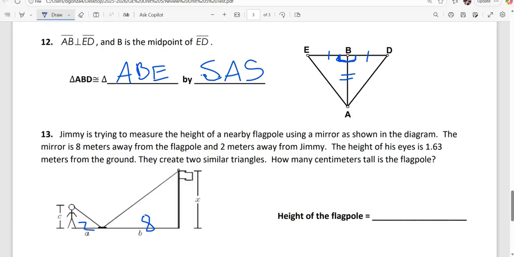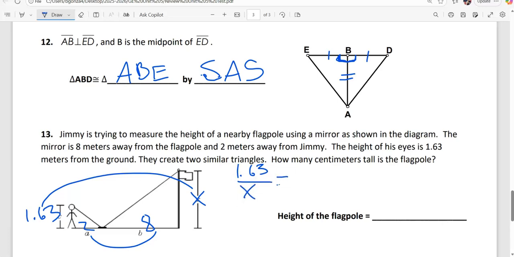And then the height of his eyes, 1.63, is C. And then we are looking to find how many centimeters tall is the flagpole? X, right? So 1.63 corresponds to X, 2 corresponds to 8, so 1.63 over X equals 2 over 8.